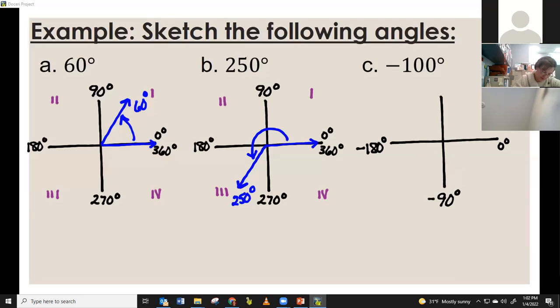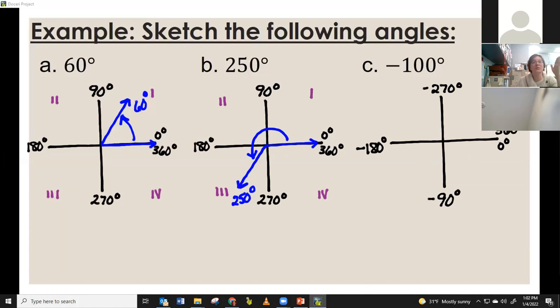Absolutely correct, negative 270. And if I make a full rotation and my terminal side ends right on top of my initial side, how many degrees of rotation? Negative 360, yes.